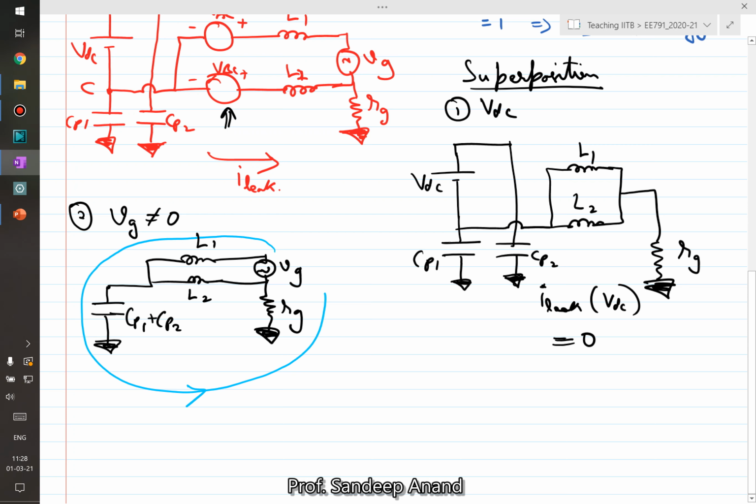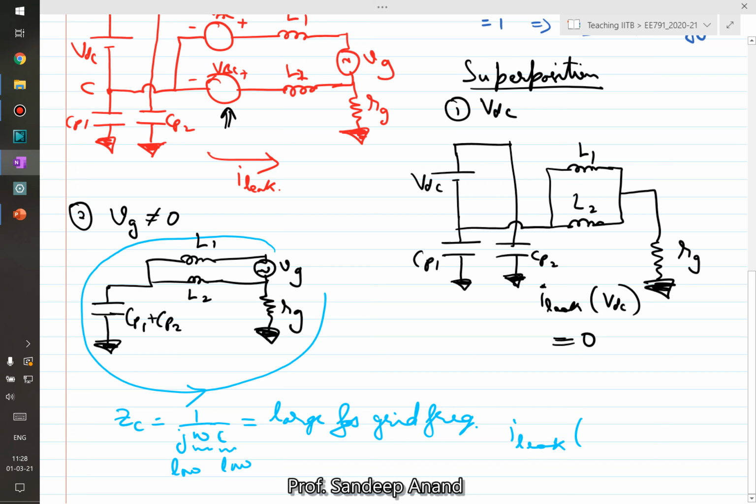But as we discussed, the impedance offered by the capacitor at low frequency, with a low value of omega and also a low value of capacitance, is usually large for grid frequency, and therefore this will produce some leakage current, but it is going to be small. Right, so far so good.